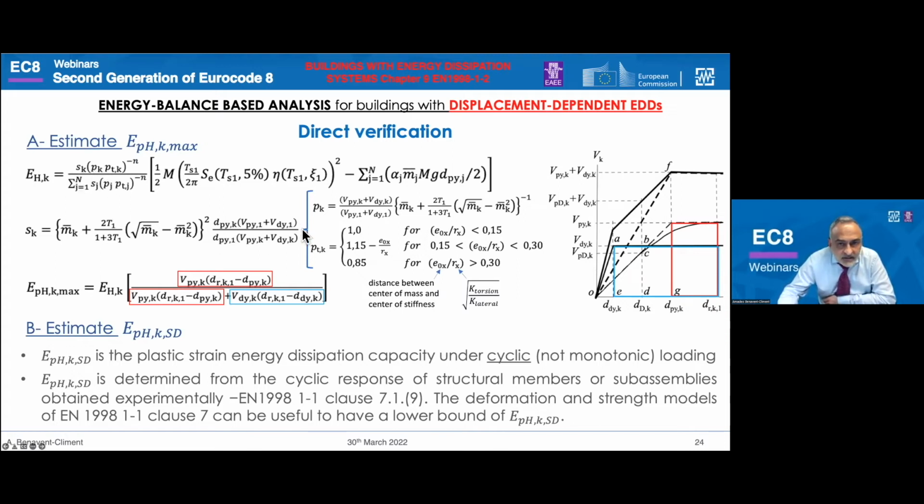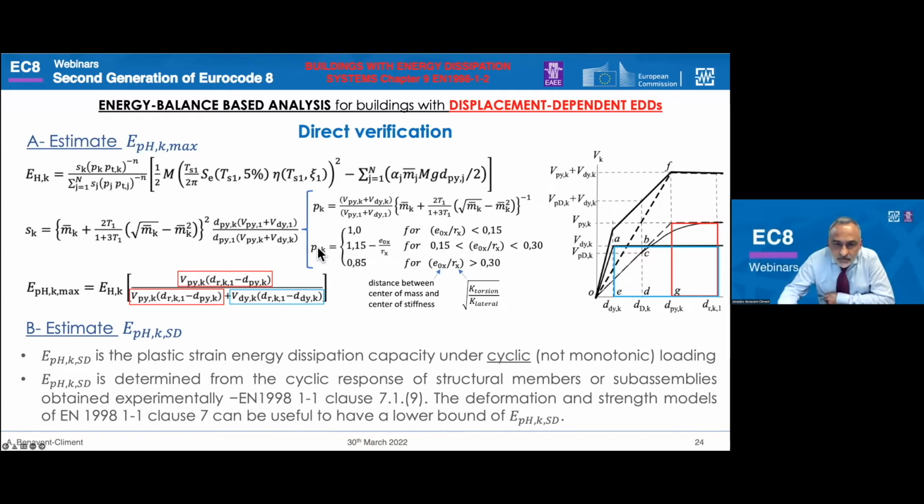One is pk. pk is a parameter that represents the deviation of the strength of the K story with respect to an optimum value that would make the damage, the normalized damage, equal in all stories. So this parameter represents the deviation of lateral strength with respect to an optimum value.